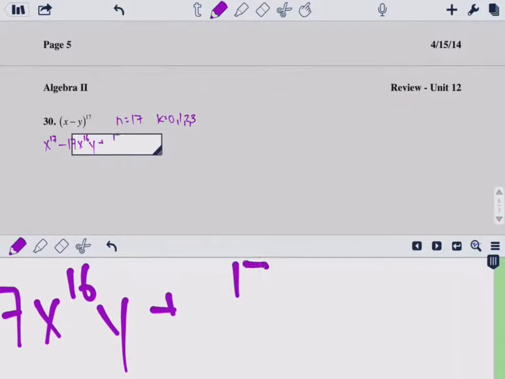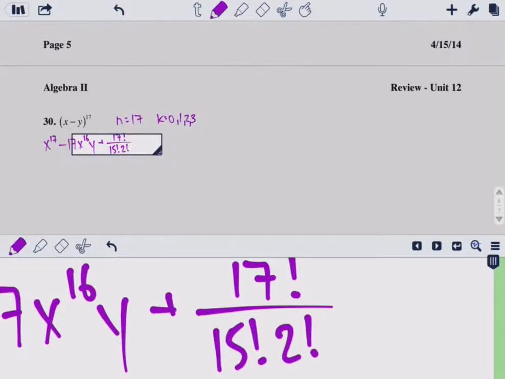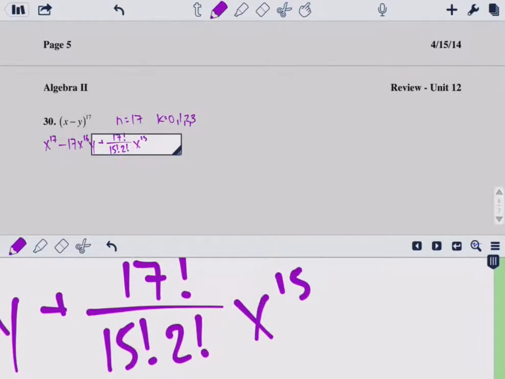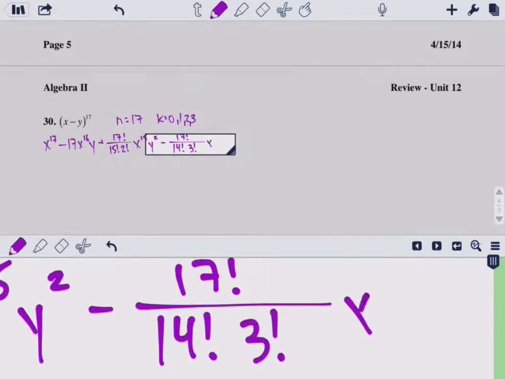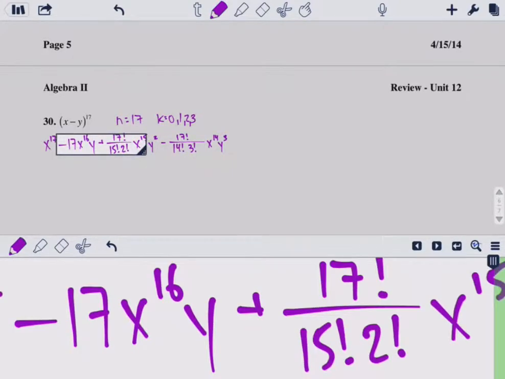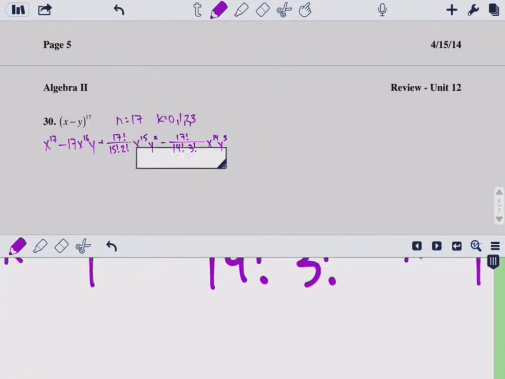Well, the next one is 17 factorial over 15 factorial, 2 factorial times x to the 15th y squared, minus 17 factorial over 14 factorial, 3 factorial, x to the 14th y cubed. Now notice the odd powers of y here and here are the negative ones.